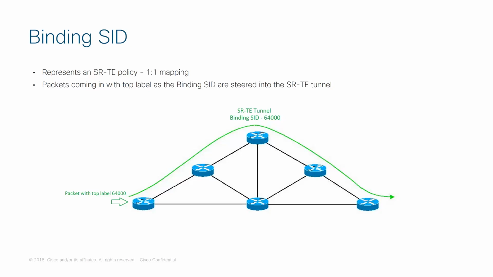One clarification, Krishna. In this topology, if the packet comes with all four adjacency SID labels in the stack, and the top label is 64,000, it will still take the same path, right? Yes, it will still take the same path.